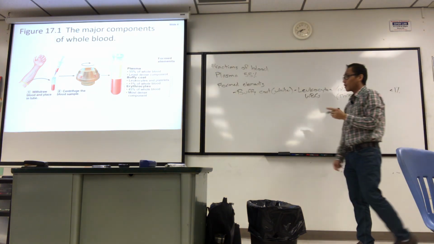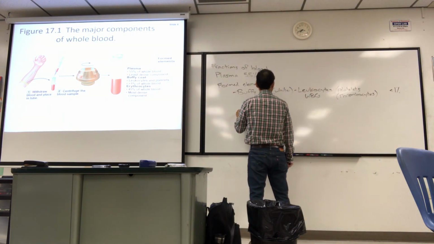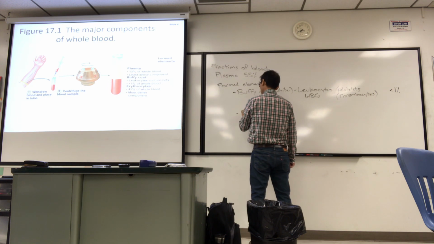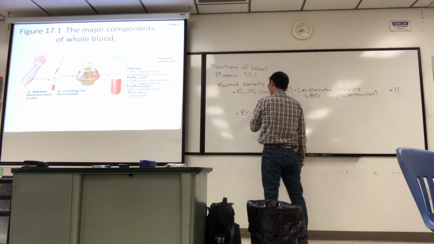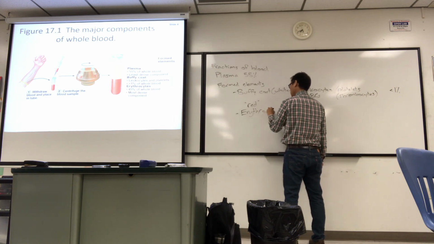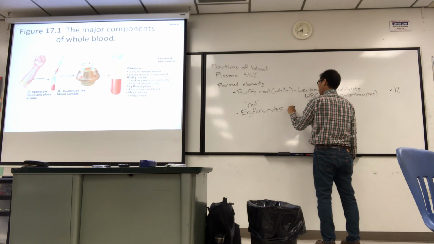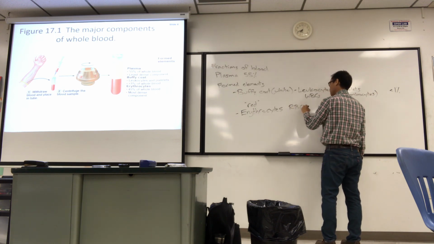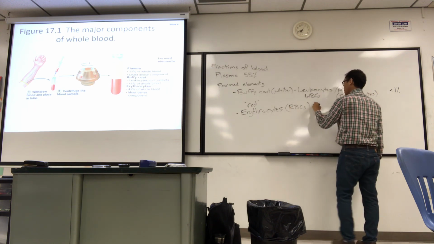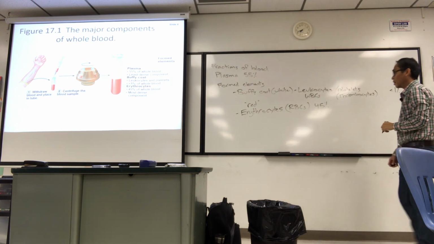And most of the formed elements, 45% of whole blood, are the erythrocytes, or RBCs. Erythro means red. And what is cyte? Cell. The erythrocytes are the RBCs, about 45% of whole blood.